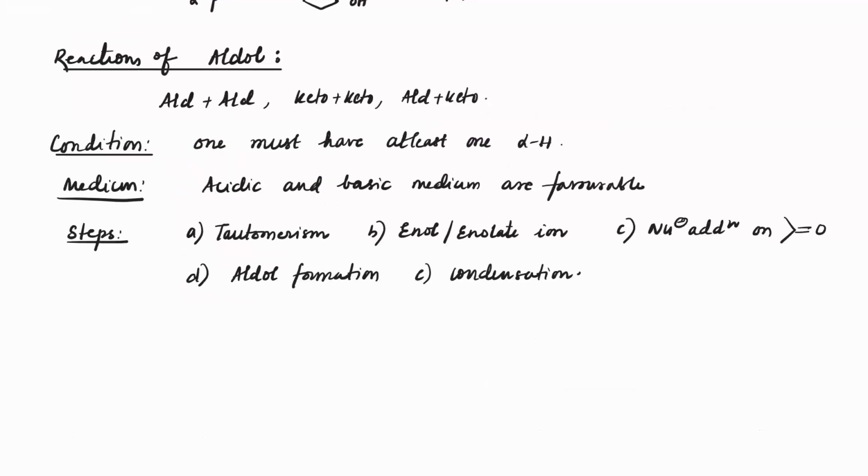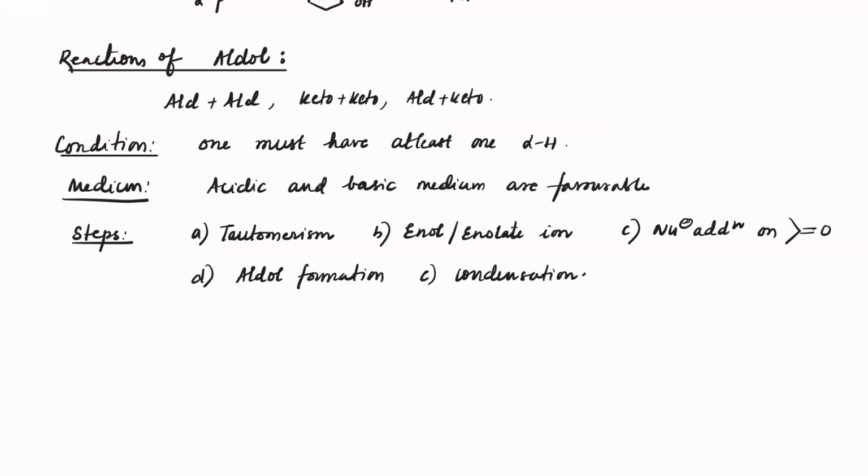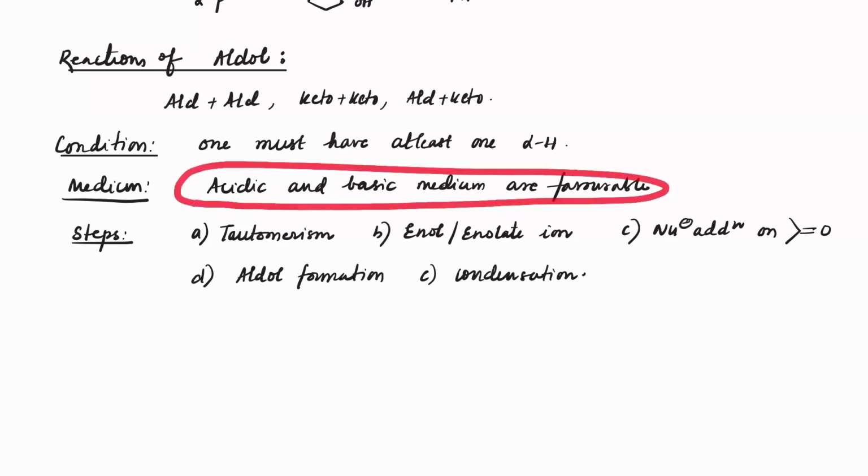Usually the preparation of aldol is based upon two aldehydes reacting with each other, two ketones reacting with each other, or one aldehyde and one ketone reacting with each other. One must have at least one alpha hydrogen to make this reaction. Acidic and basic media are both favorable here. Correct.